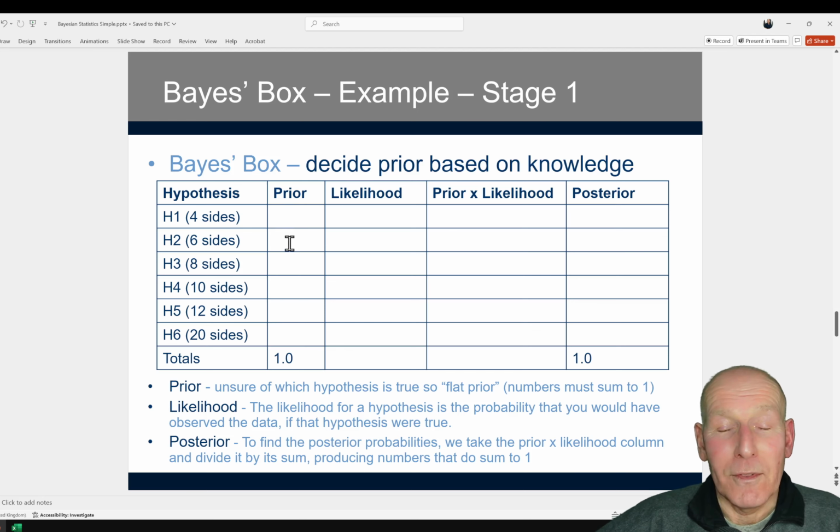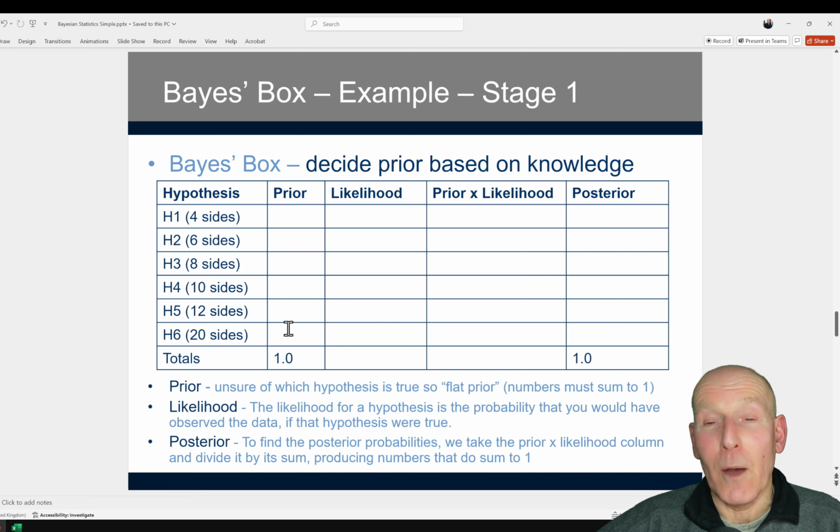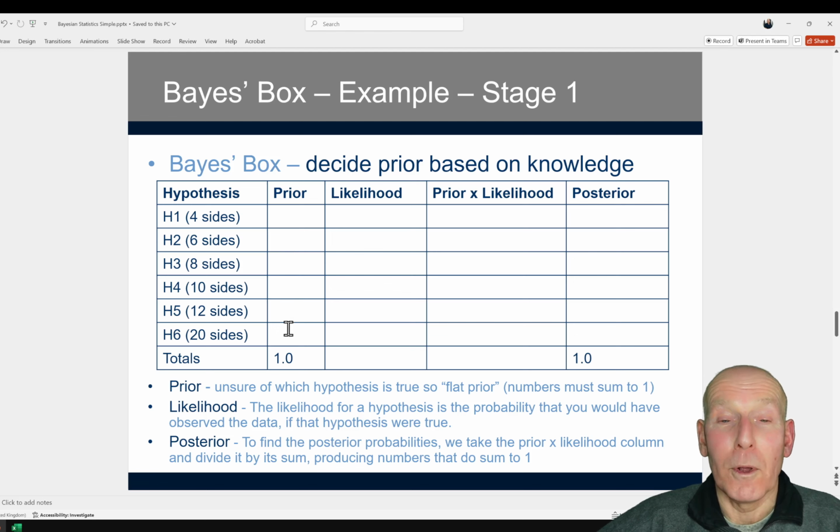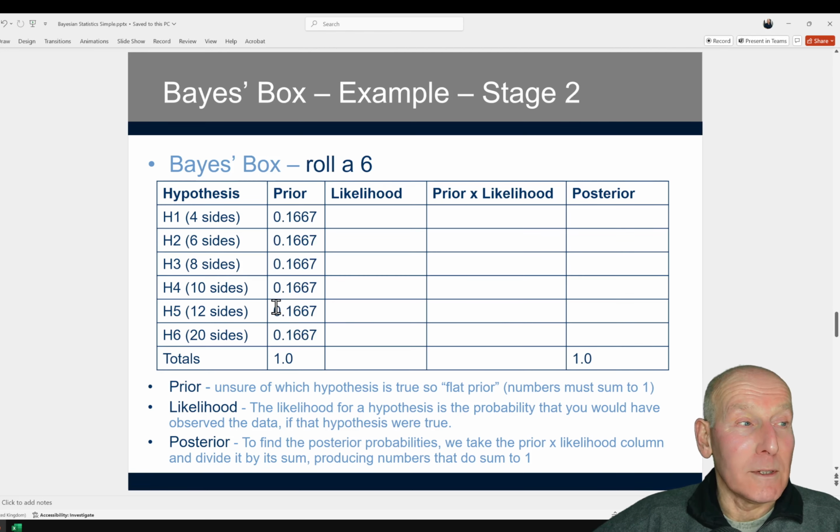We would have the 5 6-sided dice, which would be 0.5, 0.1, 0.1, 0.1, 0.1. That would be an informed prior, because I knew I didn't have an equal number of the different types of dice in the bag.